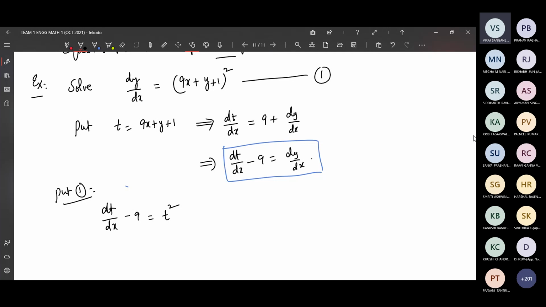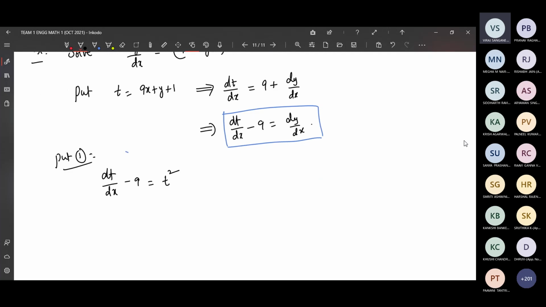In this case you can take the t, dt terms one side and x, dx terms other side. This means dt by dx equal to t square plus 9, which implies integral dt by (t square plus 9) equal to integral dx plus constant of integration.